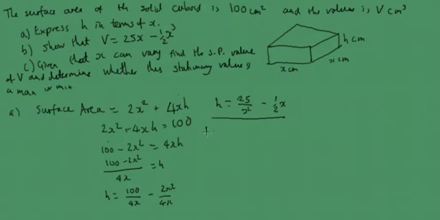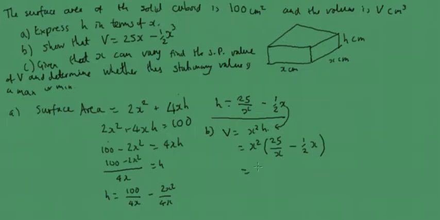Now, second part is show V is equal to this. So what is the formula for the volume? Well, the volume is the area of the bottom, so it's x squared times the height. But we know what h equals, so we can substitute this in for h. So we'll have x squared multiplied by 25 over x minus a half x.